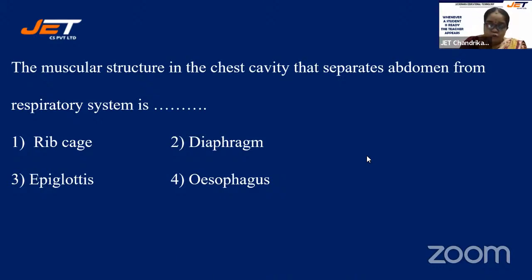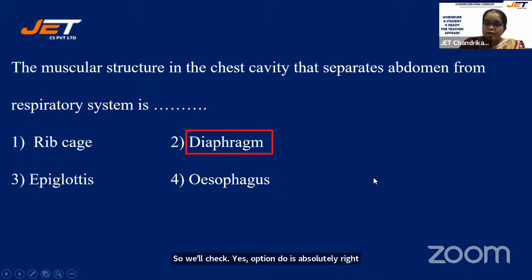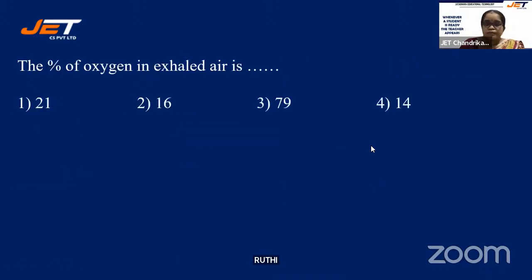So many are giving me option 2. We'll check. Yes, option 2 is absolutely the right answer. It is diaphragm. Geeta Devi, Ruchita, Bhavana, Sayavardhan, Akhilesh, Kaja, Shashank, Shruti, Riya Nayak, Preetika, Gayatri, very good. Let us move to the next question.